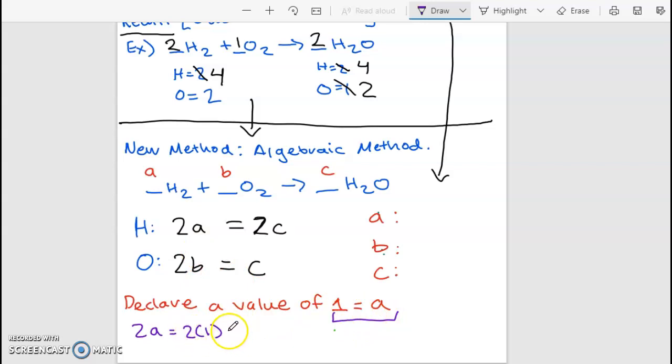So 2 times 1 is equal to 2C. What does that mean? Well, that means C is equal to 1, because 2 equals 2C. Divide by 2 both sides, you get C is equal to 1.